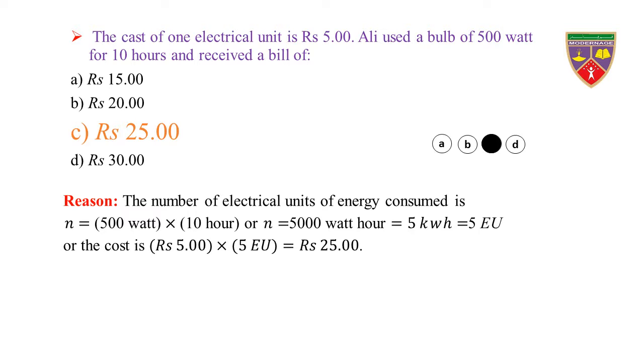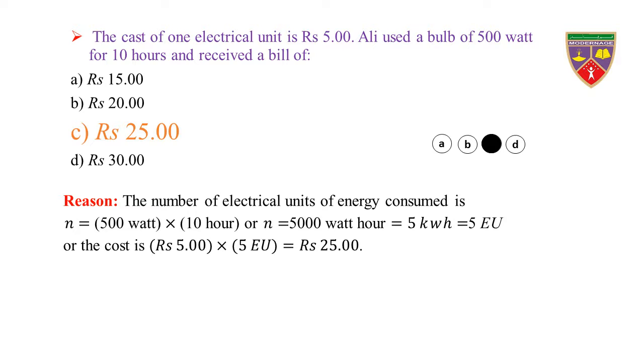Reason: the number of electrical units of energy consumed is N equal to 500 watt into 10 hour, or N is equal to 5000 watt hour, which is equal to 5 kilowatt hour, which is 5 electrical units.